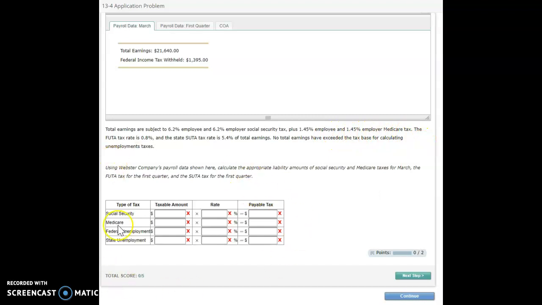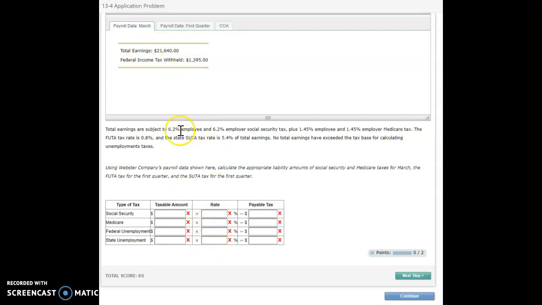So you have to calculate these out. So if you're thinking about it, your Social Security is going to be your payroll data for March here. The unemployment data is going to come from your first quarter. So when you're calculating, if it says taxable amount, I'm going to use the total earnings from up here. And then I have to figure out the rate.